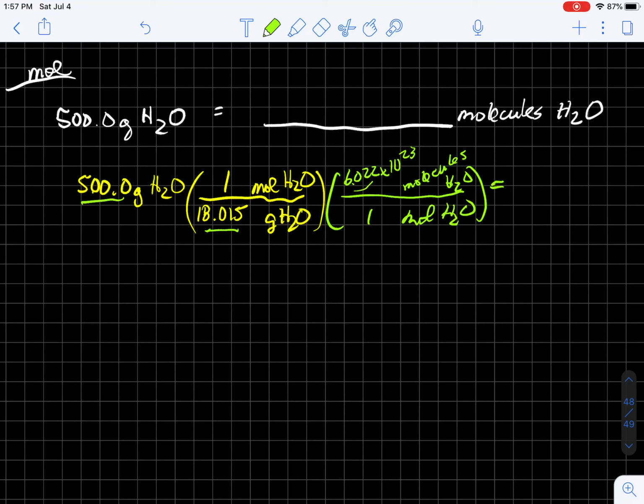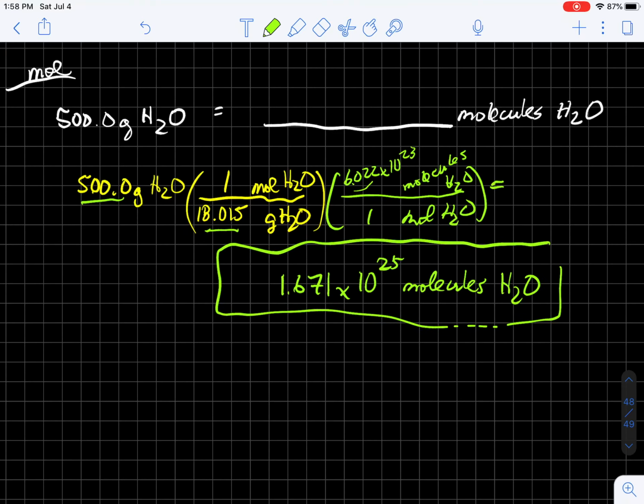This is 5, this is 4, and this is 4, so we're going to use 4 sig figs. 1.671 times 10 to the 25th molecules of water. And why anyone would ever want to know the actual number of molecules? Now, moles are important, but the actual number of molecules, that kind of seems silly to me.